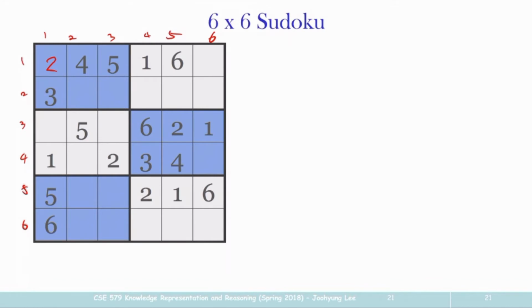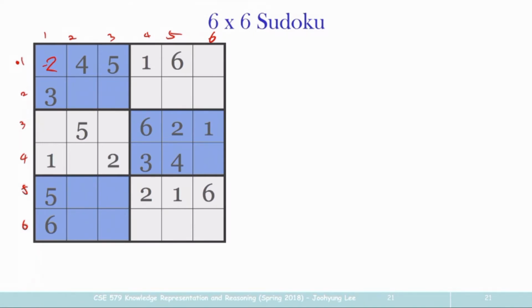Basically, you just look at the rows or columns that have the most numbers. If you look at the first row, it could be either 2 or 3. But if you have 3, it will violate the column constraint. So it should be 2. Okay, that's good. What else should we do?